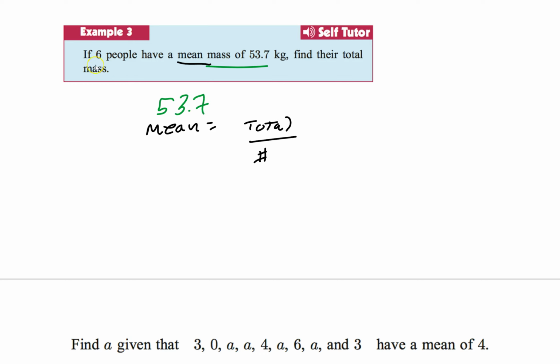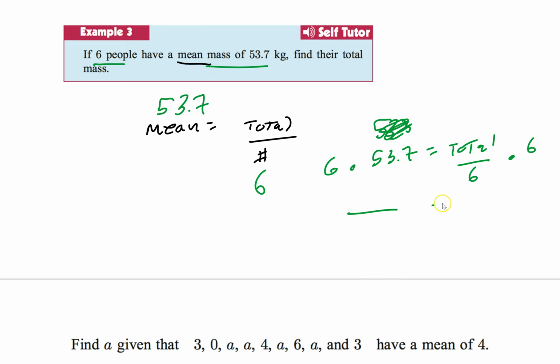And it tells us how many values there are. 6. So that's right here. And this is what we're looking for, the total. So that's our equation. 53.7 equals the total over 6. Multiply both sides by 6. And you get some answer equals the total.